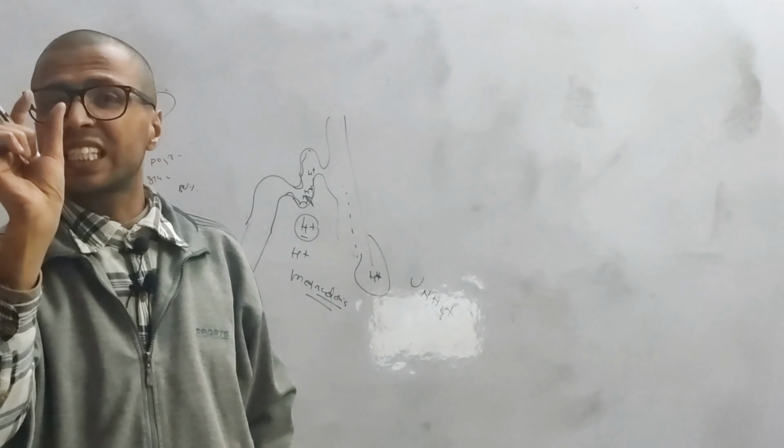It combines with ammonia to form ammonium, and that is excreted. So if we measure urinary ammonium ions, in distal RTA urinary ammonium ion is low because H plus ion is not able to be secreted in the urine.